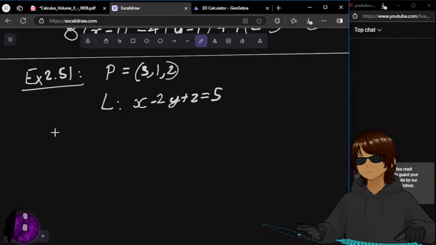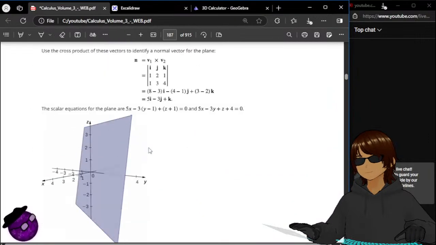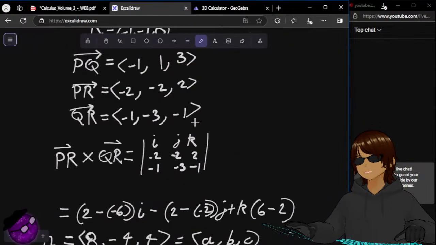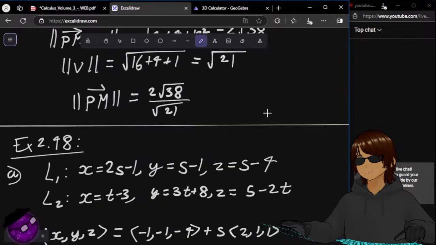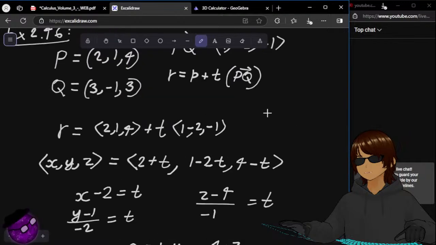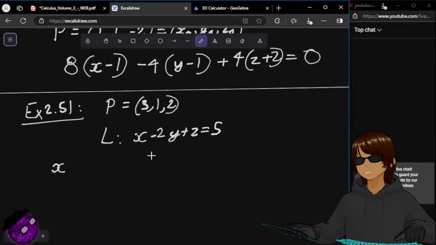So hold on. x minus. If we are starting with a plane equation, how do we convert this into these separate forms?